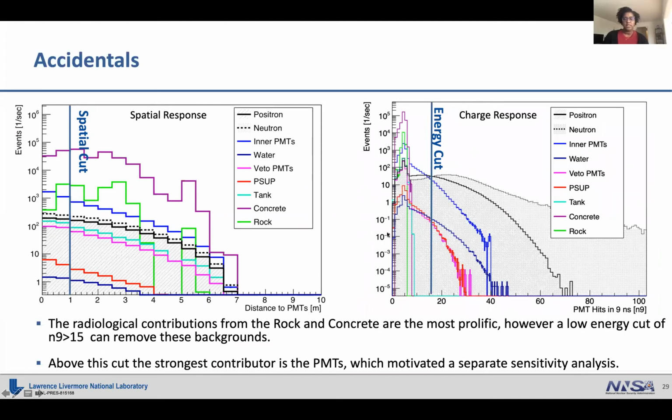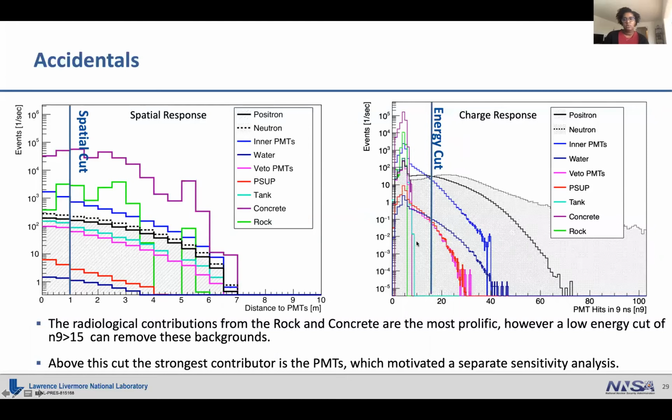Additionally, if we actually look at the energy distribution of our accidentals, we'll see that close to the very low PMT firing events, we see a really large signal in the background. So really the radiation from the rock and concrete gives us the most events within our detector. However, by employing a high energy cut, we can actually reduce most of these events. And so this is a cut that we usually use for our delayed events of roughly having more than 15 PMTs.